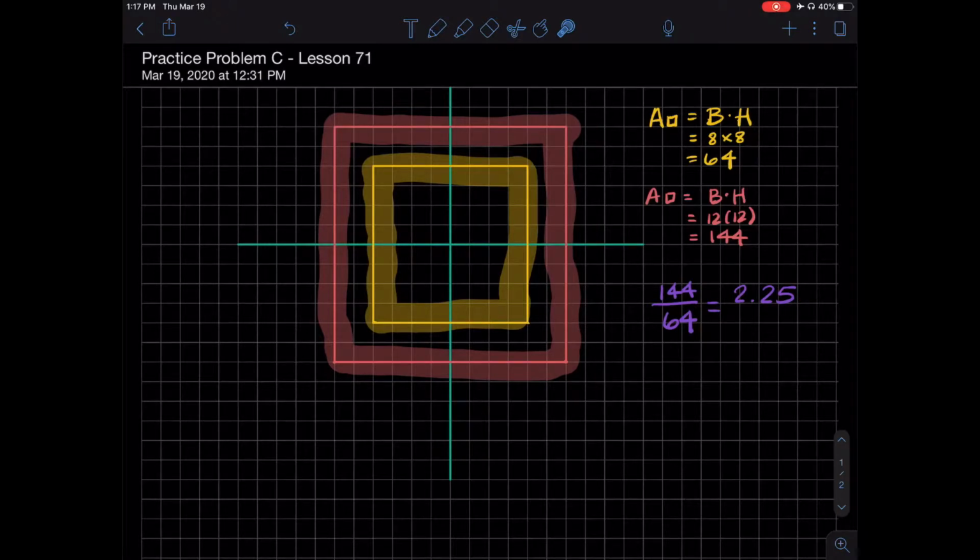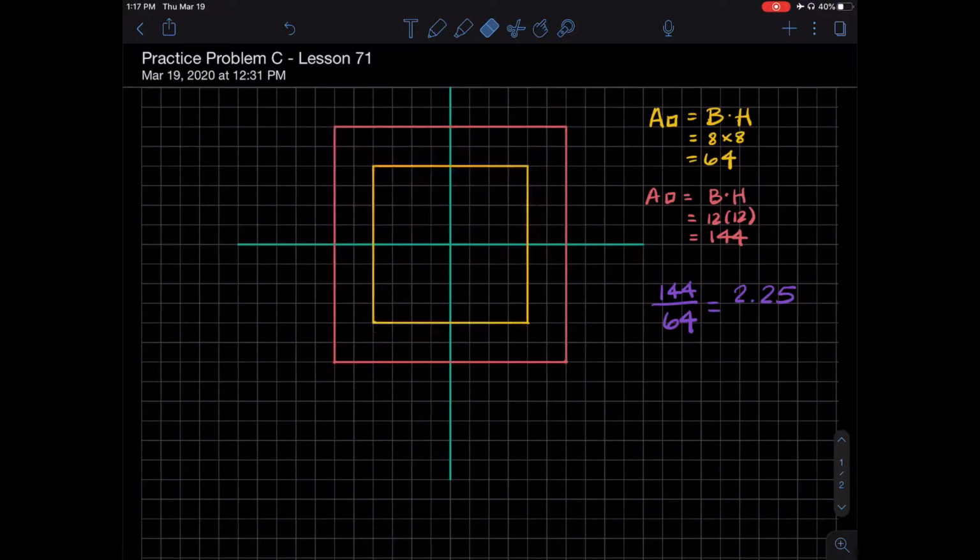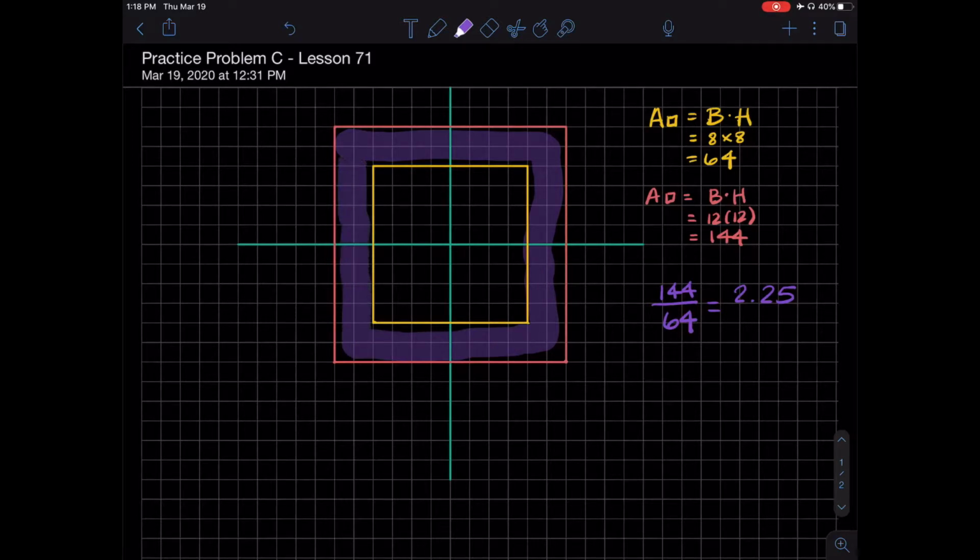Now with that, like we did with the perimeter, we're going to figure out this extra little space that we're going to put in right here. They want to know what the area of this space is.